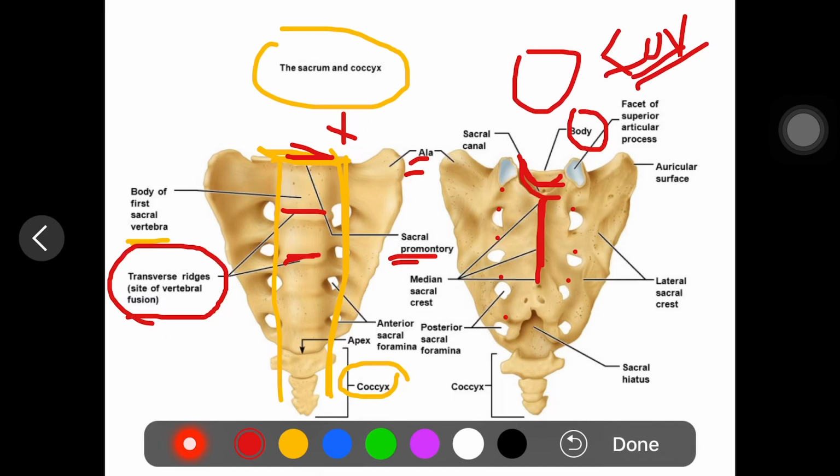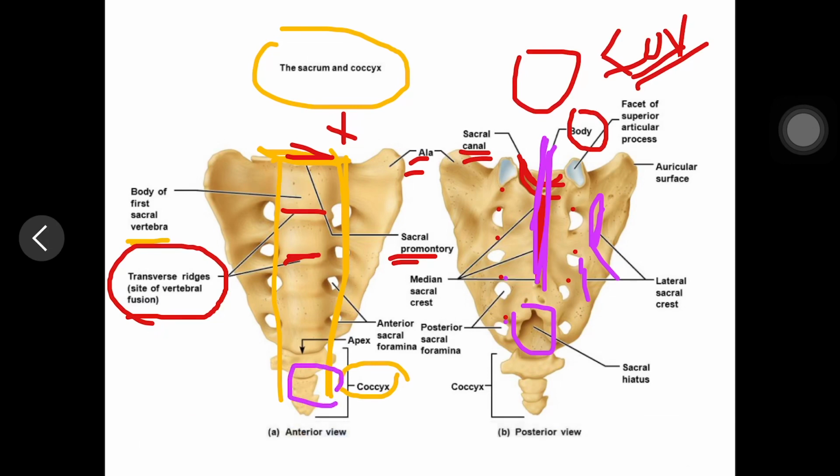Start with the sacral canal, where it enters and ends at the sacral hiatus. A crest, this sharp end, is the crest. Sacral foramen, normally.